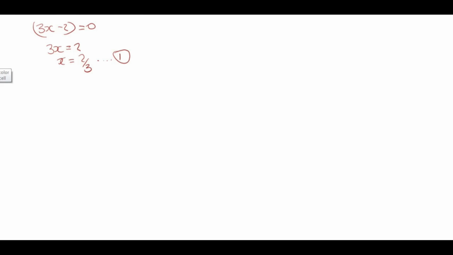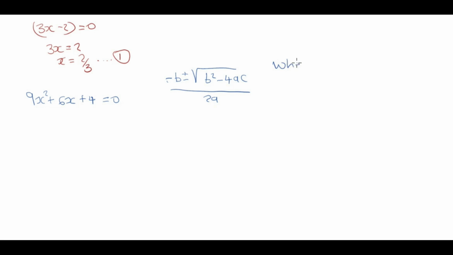Okay, so when you go to the second equation, which is 9x squared plus 6x plus 4 equals 0, you can use the quadratic formula, which says x equals minus b plus or minus the square root of b squared minus 4ac, over 2a, where in our case a is equal to 9, b is equal to 6 and c is equal to 4.